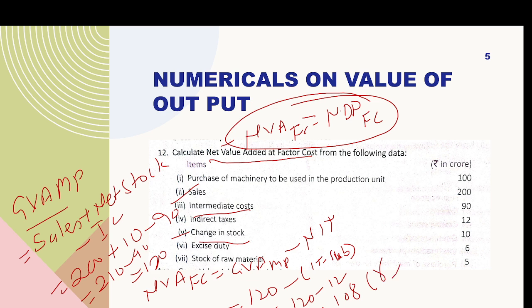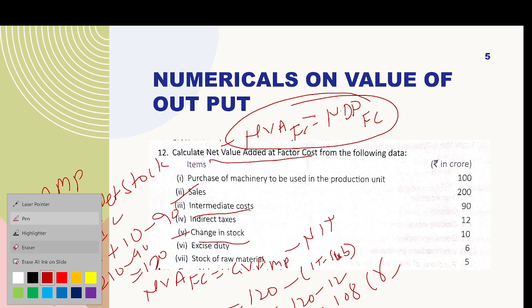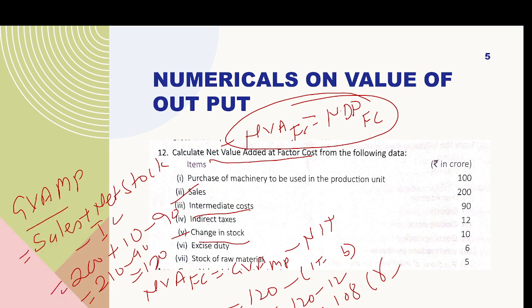Now I am clarifying the subsidy. Now you want to find out NVAFC. Now it is NVFC, that is the one thing more left.